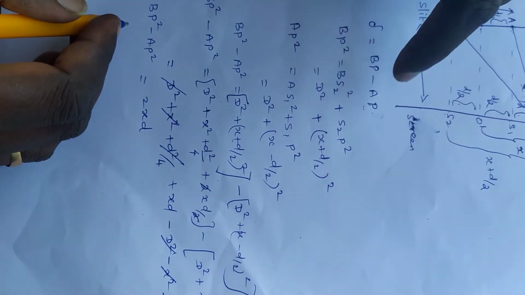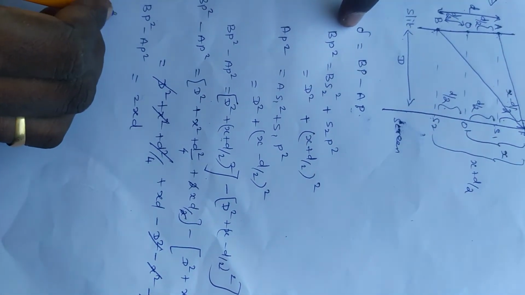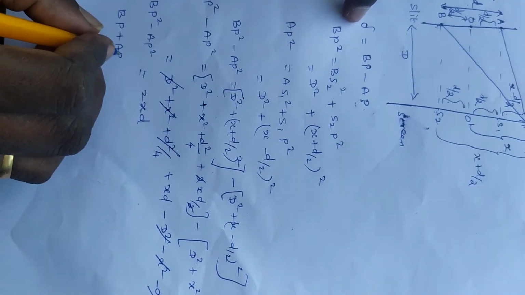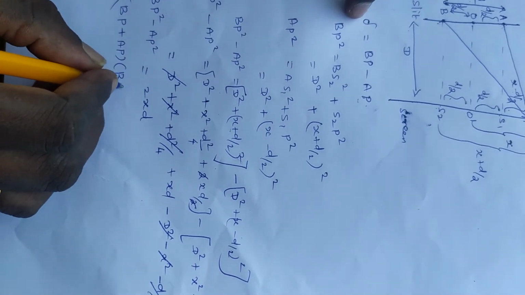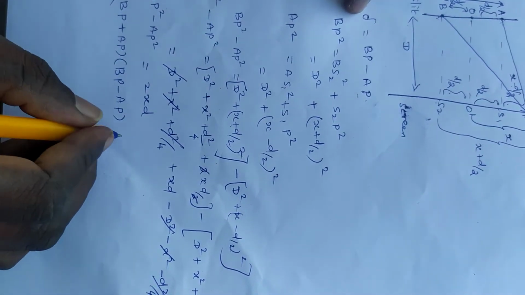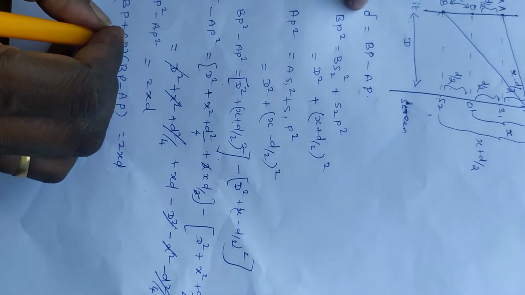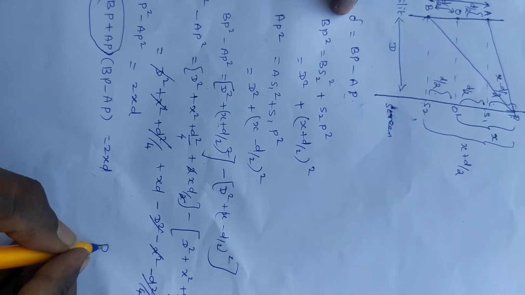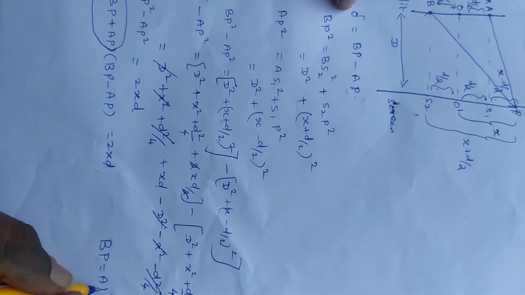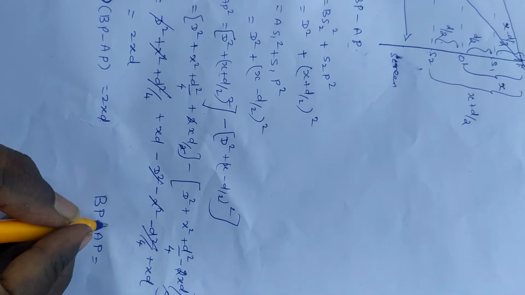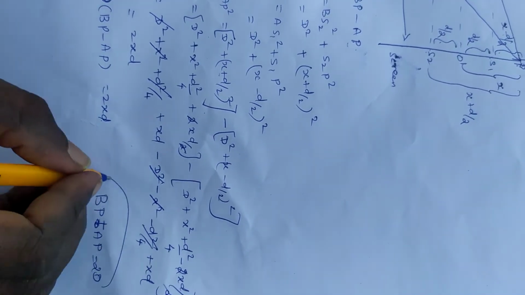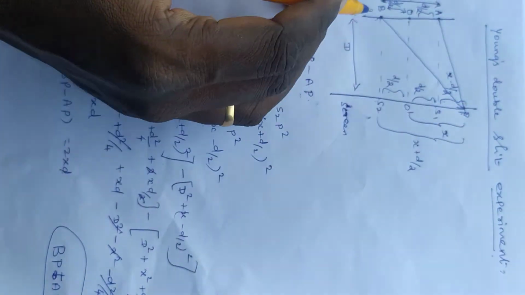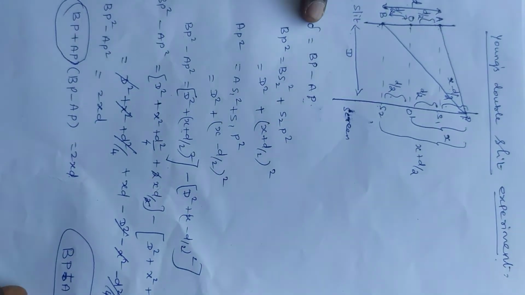BP squared minus AP squared is equal to 2xd. We find out the value of BP minus AP. A squared minus B squared is equal to A plus B into A minus B. So applying the formula, BP plus AP into BP minus AP is equal to 2xd. The distance BP plus AP is nearly equal to 2D, the sum of the values is nearly 2D.